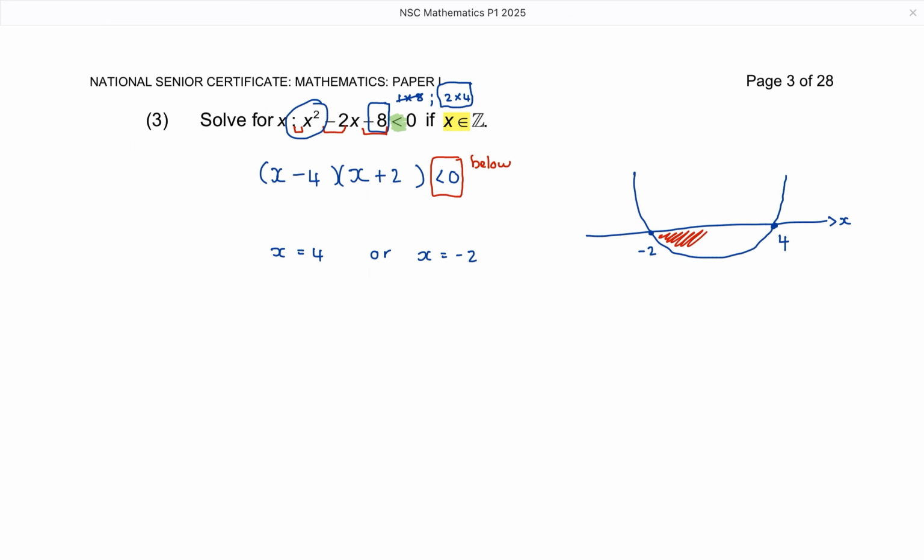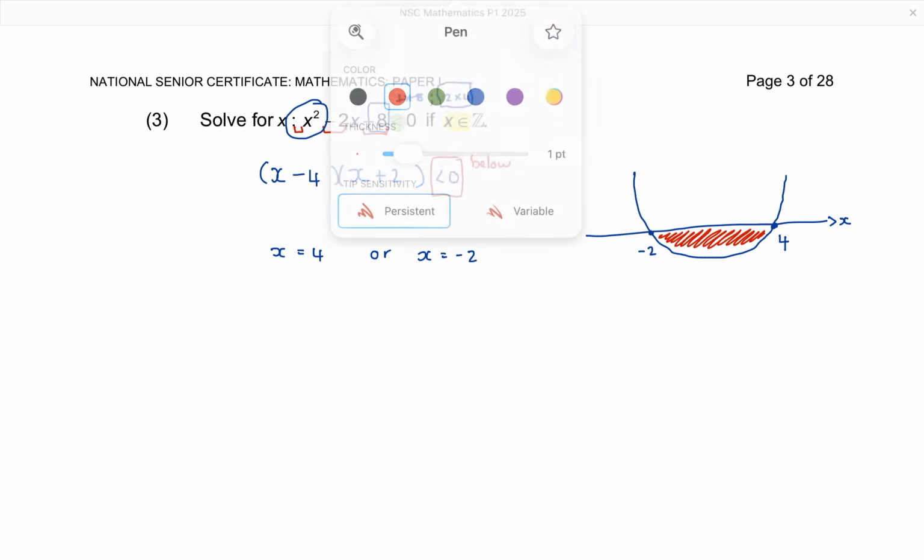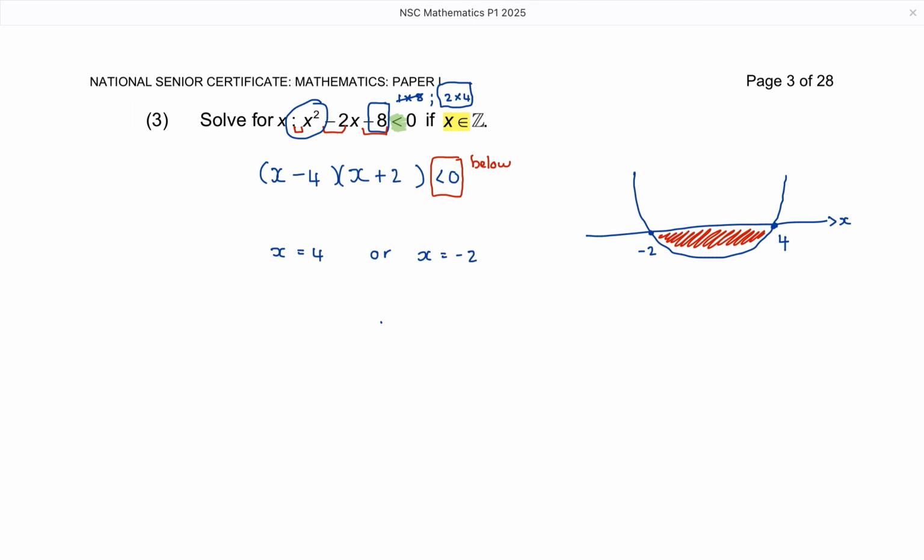So if I look at my parabola, then between the 2 points, my graph is lying below the x-axis. So one of my answers that I would write is that it lies between the 2 points like this.